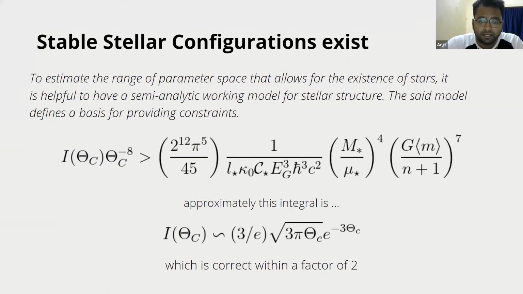Finally, L star and mu star are dimensionless integrals of order unity. On the left-hand side, we can see I theta c, which is a scale for the central temperature of the star, and we approximate that value to be 3 by e root over 3 pi theta c into e to the power minus 3 theta c. This approximation is correct within a factor of 2.